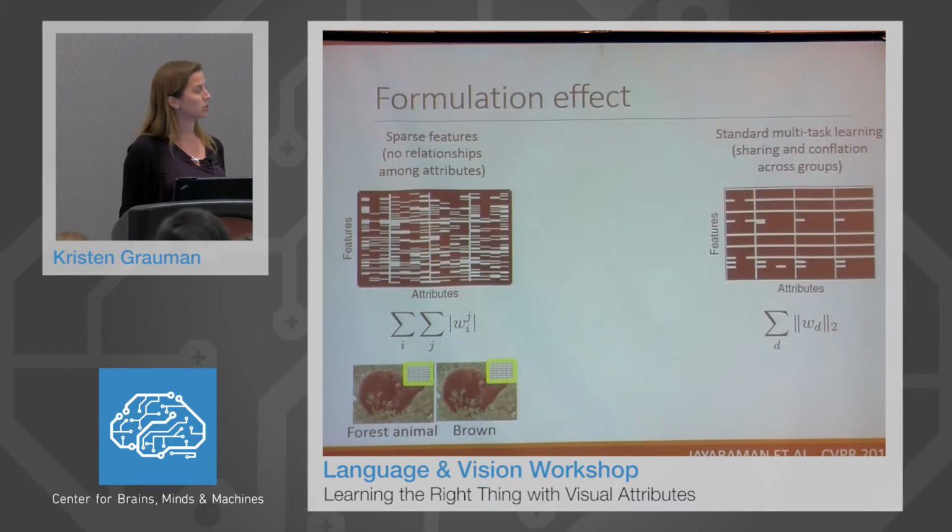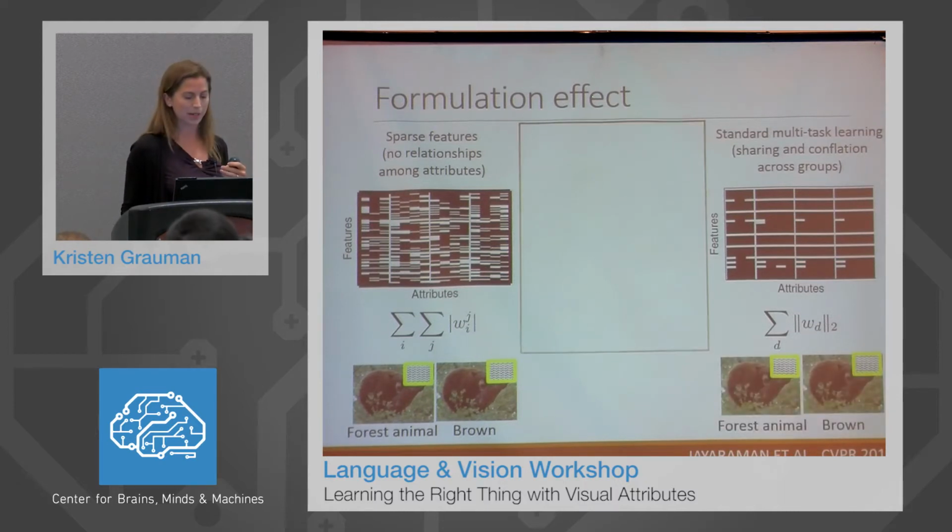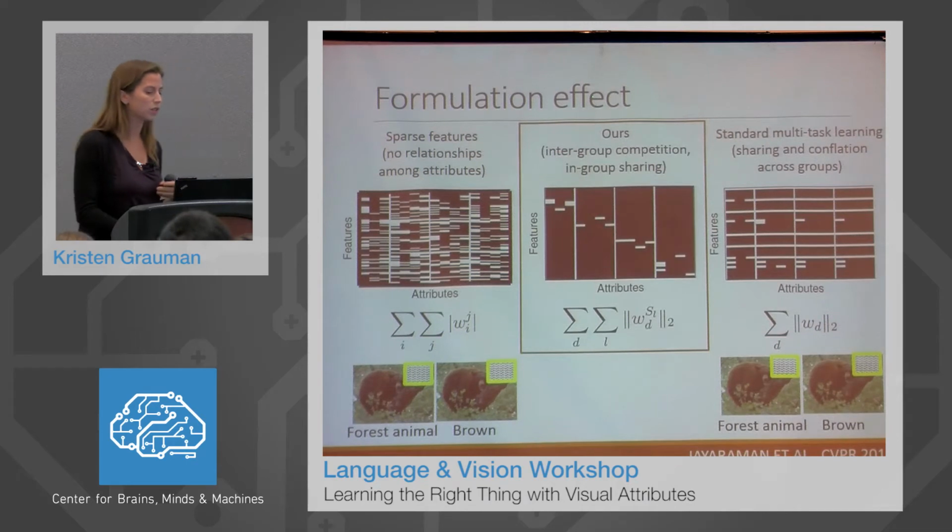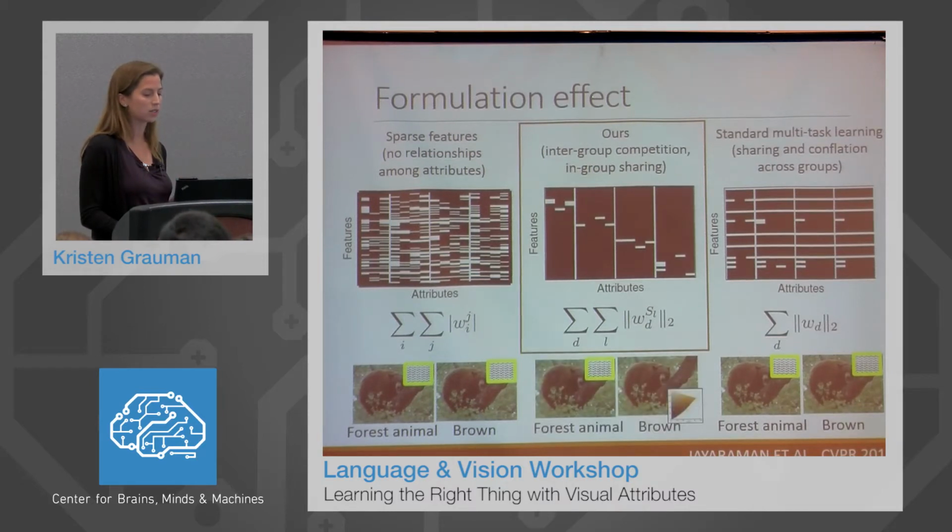Similarly, if we do traditional multitask feature learning, we'll allow features to be shared across all attributes, and the same problem is there. But once we have this notion of both competition and sharing among features, we get a weight matrix that looks like this, where within the group we're allowed to share, across the groups we tend not to. And that'll allow us to disentangle these attributes.